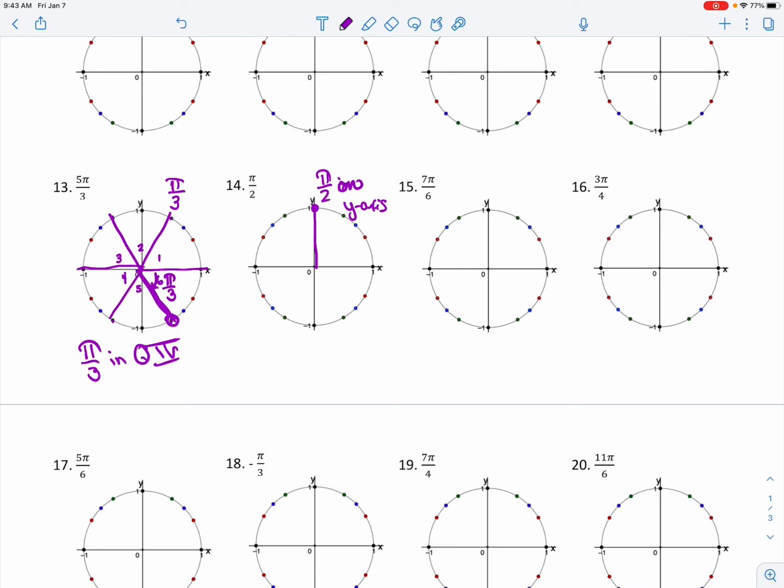But 7 pi over 6 is going to be a pi over 6, and we count by pi over 6 as 1, 2, 3, 4, 5, 6. Pi over 6 makes sense, that's pi. 7 pi over 6 is this guy, and so this angle is going to be a pi over 6 in quadrant 3. If you can get this concept down early, it's going to help you a lot through the rest of the semester.